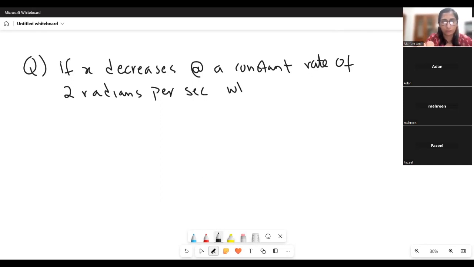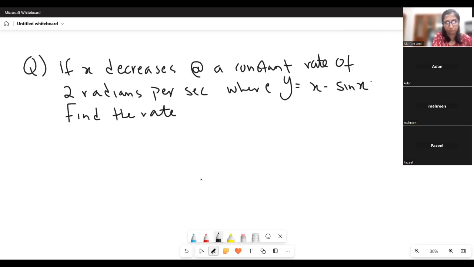where y equals x minus sine x. Find the rate of change of y when x is equal to pi by 3.